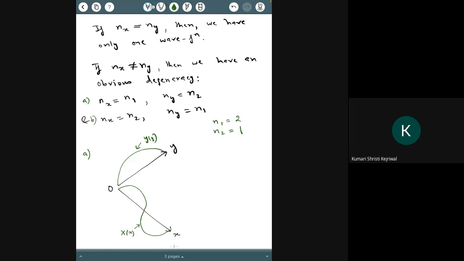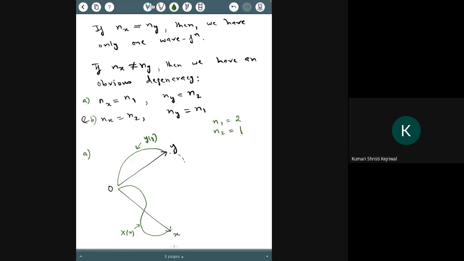So what does the product wave function look like? The product wave function basically looks something like this whole space. So it's this undulated plane. Okay. So this is the wave function.